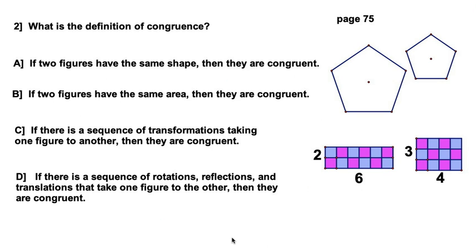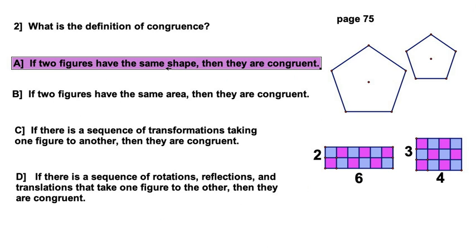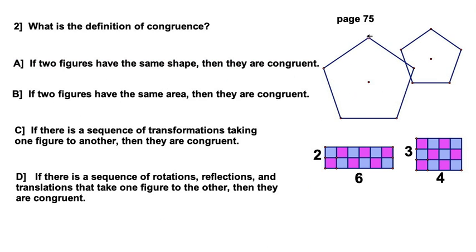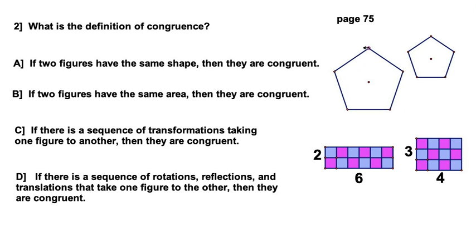See how we're doing. Now, I like these definitions of congruence. Let's go through these. A, two figures have the same shape, they are congruent. Well, hang on a second. These two figures have exactly the same shape. They're both regular pentagons, but they are not congruent. If I were to put one over the other, it's not a perfect fit because one is bigger than the other.